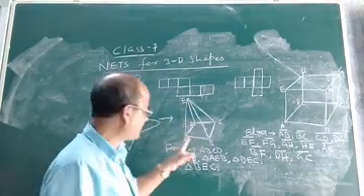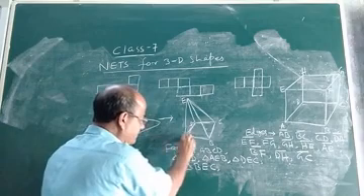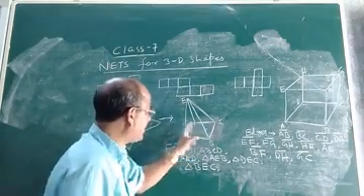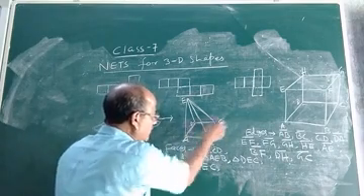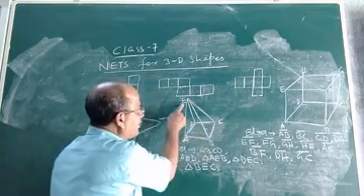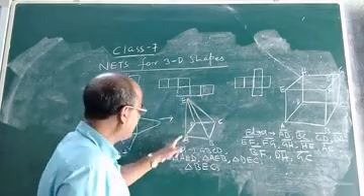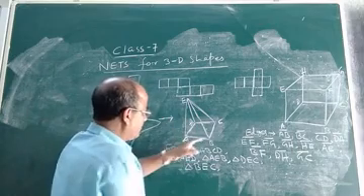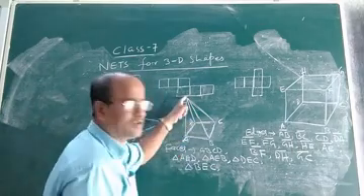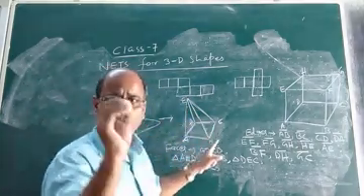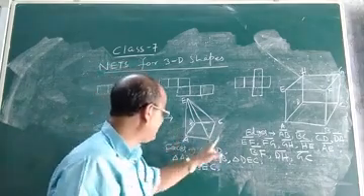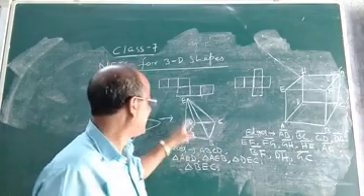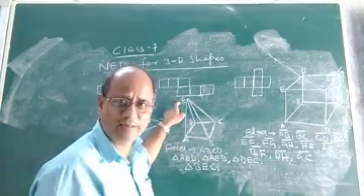And you see the other faces, all the 4 vertices, namely A, B, C and D, all the 4 vertices of this base are joined to a common vertex E. A is joined to E, B is joined to E and C is also joined to E. That means all the 4 vertices A, B, C and D of the base, that is a square, are joined to a common vertex E.